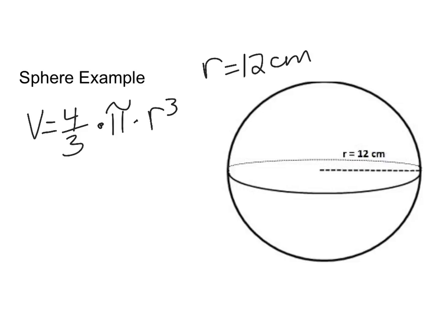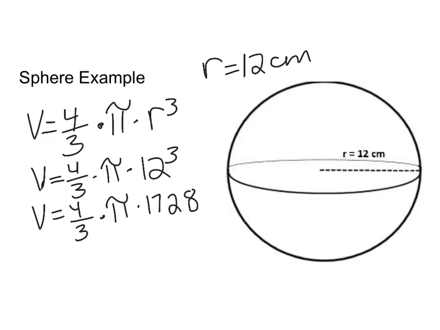So we start by writing down our formula and what our variable equals. So make sure you've cubed the radius, giving you 1,728, because you did 12 times 12 times 12. All right, now when you get to the point where you have to deal with the 4/3, you have a choice.